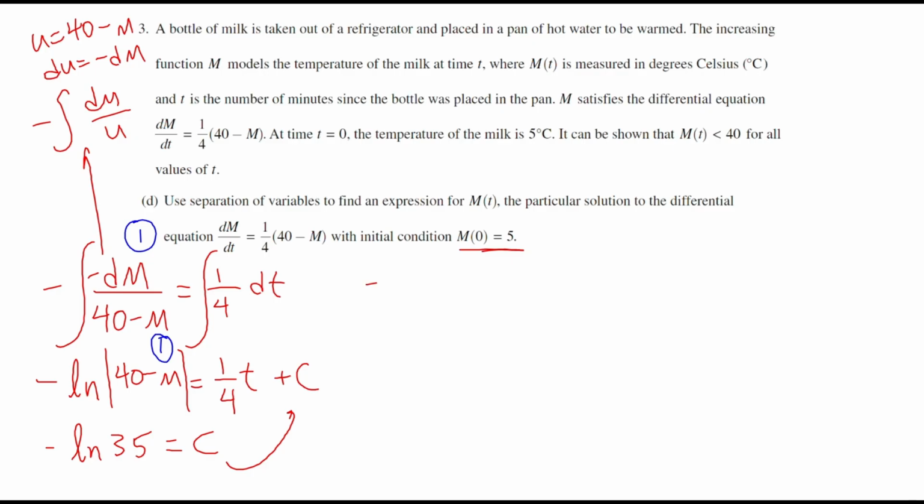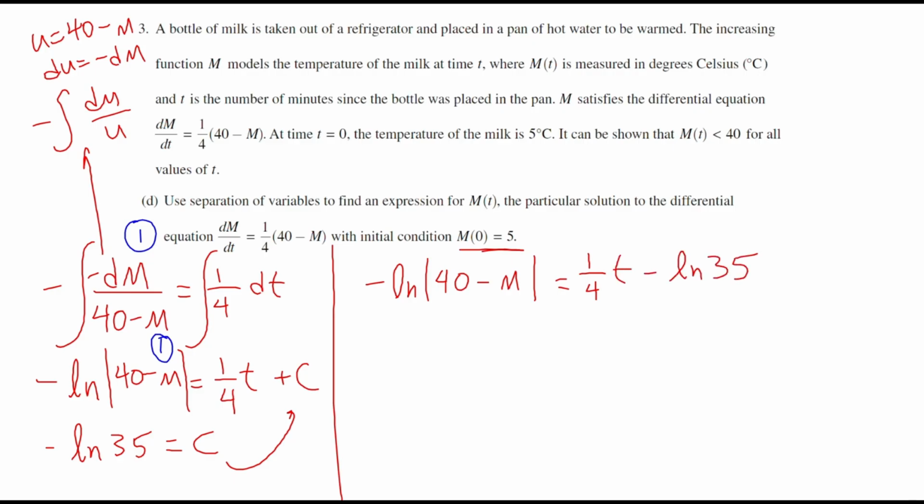So we've got negative natural log absolute value of 40 minus m is equal to 1/4 t minus the natural log of 35. And once we plug that back in, that earns us our third point. And we can earn our fourth and final point by actually solving for m correctly.